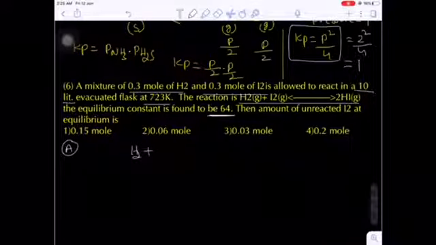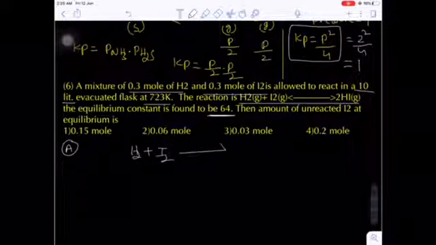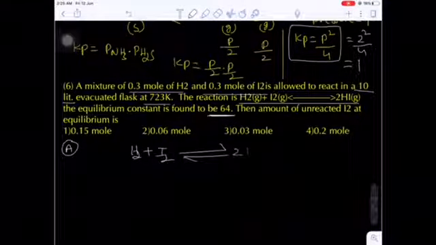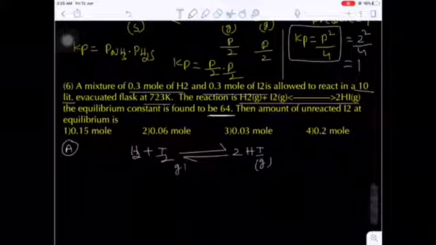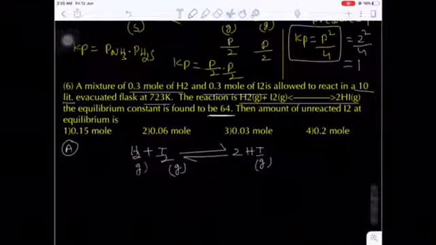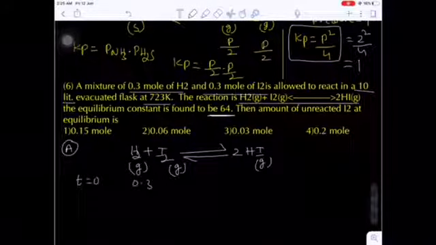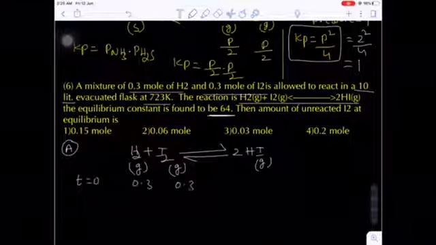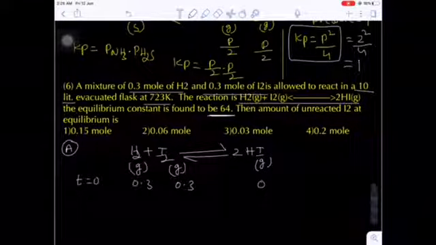First of all, I am writing the equilibrium reaction: H2 plus I2 gives rise to 2HI. Initially, 0.3 moles each of hydrogen and iodine will be present.